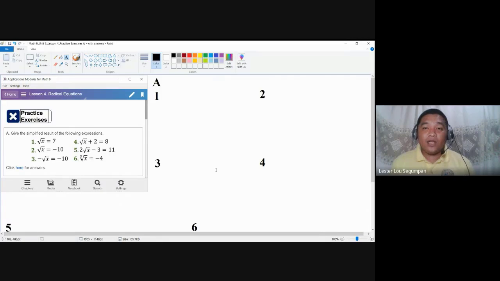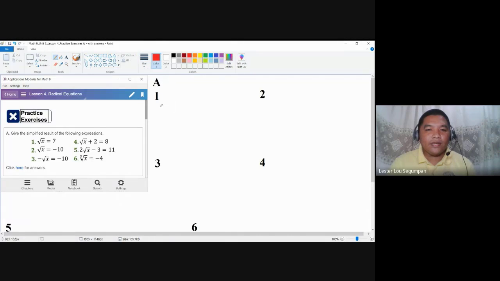These are all equations, so we are guaranteed that the left-hand side is equal to the right-hand side or vice versa. Since they are both equal, we are going to look for the specific value of the variable that can make the equation true. At first glance, especially in number one, we could automatically solve for x.